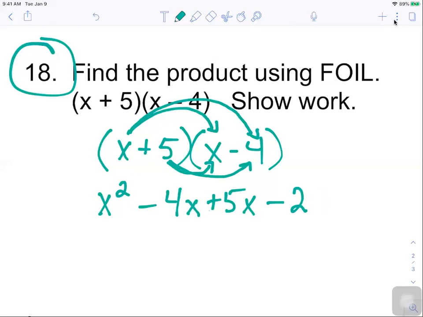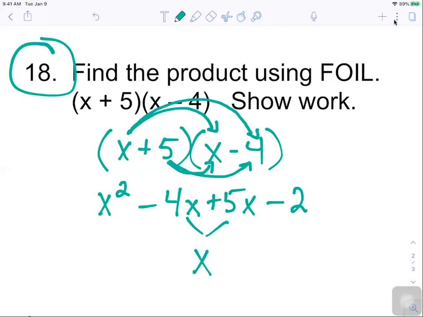Now that we have our expression, x squared minus 4x plus 5x minus 20, we look for like terms. Well, in this case, we have a -4x and a 5x. We can combine those. So if we do this, we'll get a +1x, or just x.